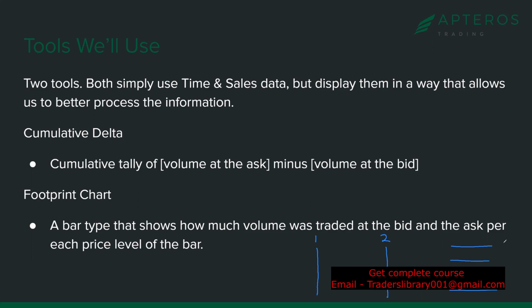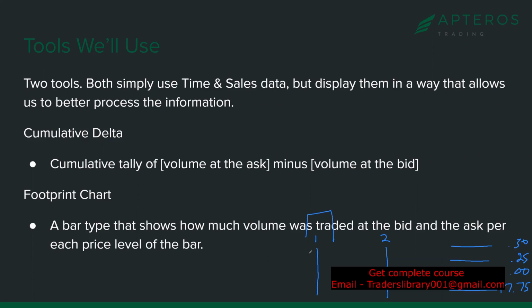It's the S&P, so it's 3348.50, 3348.25, 3348 even, and then 3347.75.